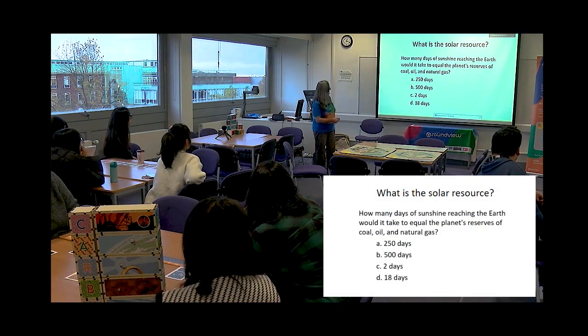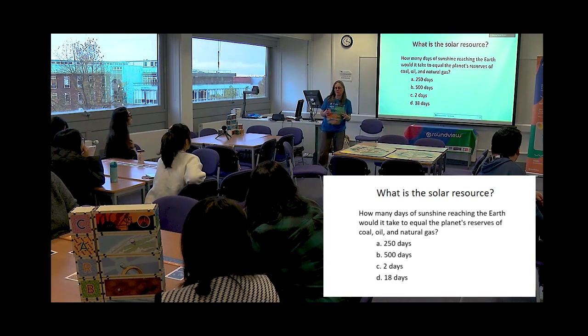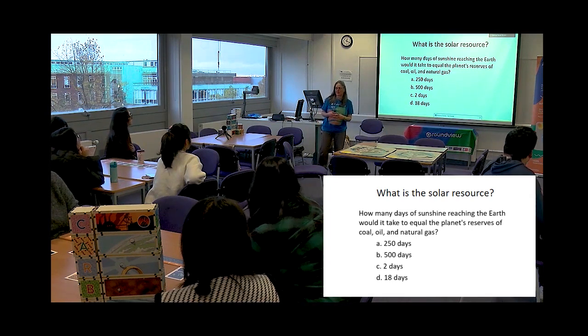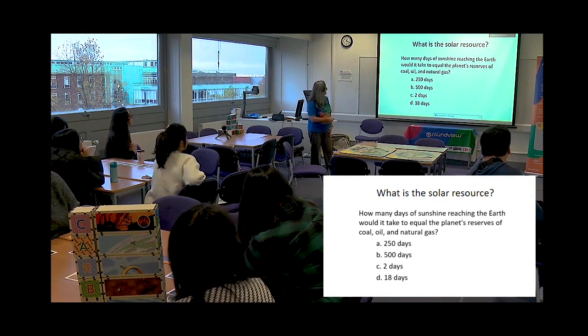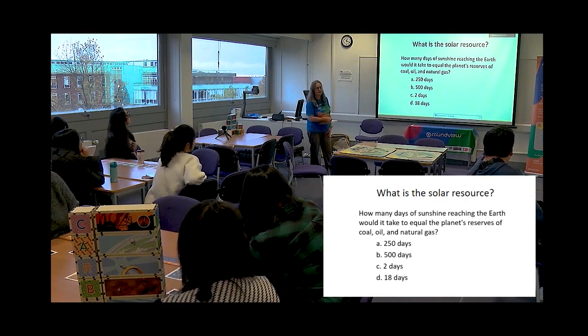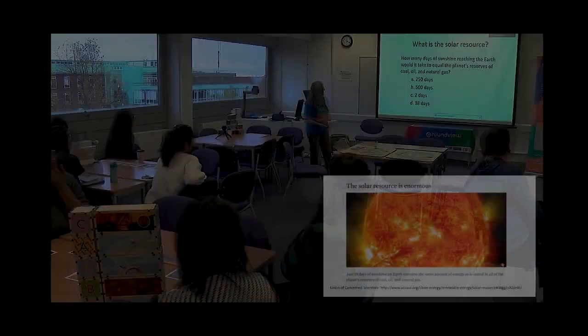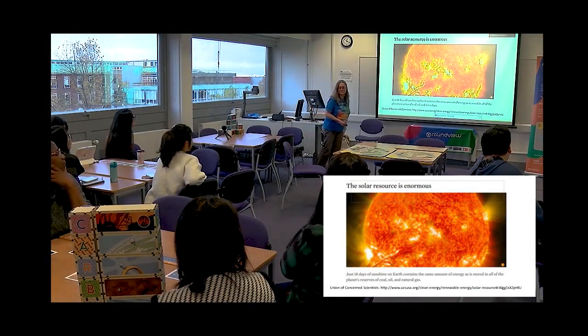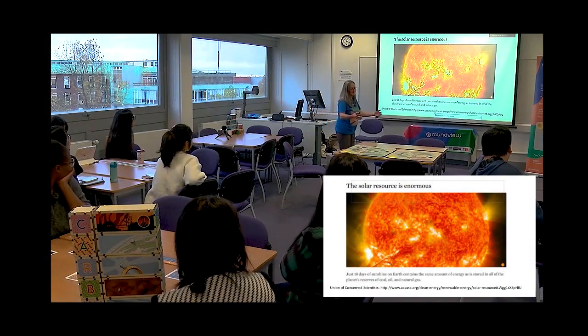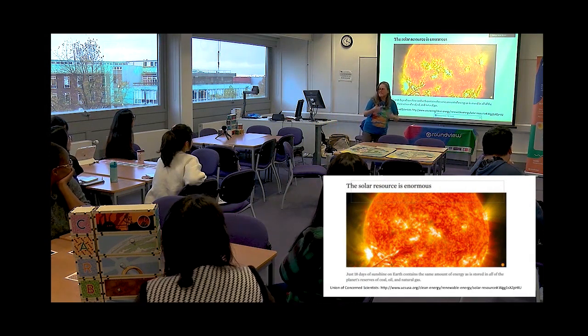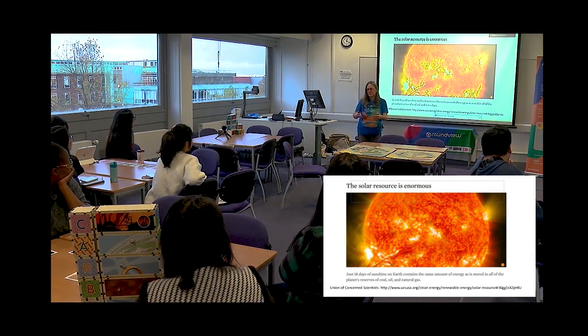How many days of sunshine reaching the Earth does it take to equal the planet's entire reserves of fossil fuels, of oil, coal, gas? Hands up if you think it's 250 days, 500 days, 2,000? It's 18.